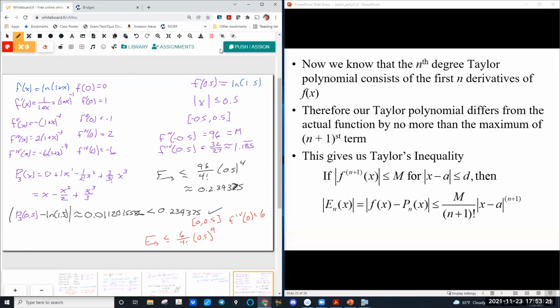Excuse me, space down. Lost my place there. Keep hitting the wrong thing. To the 4th. And this comes out to be 0.015625, which is still greater than our actual error.